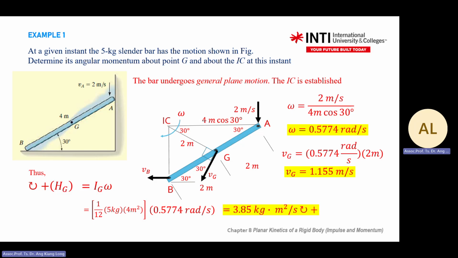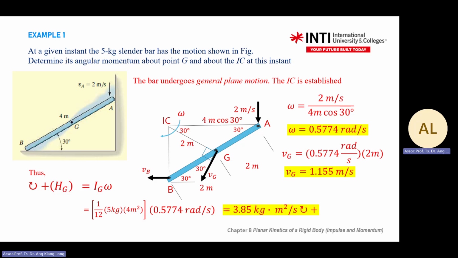Your length. L over 2? Not the L, not the L over 2. No, the L over 2 in the appendix means at the center of that rod. It means that point is at the center of the rod.